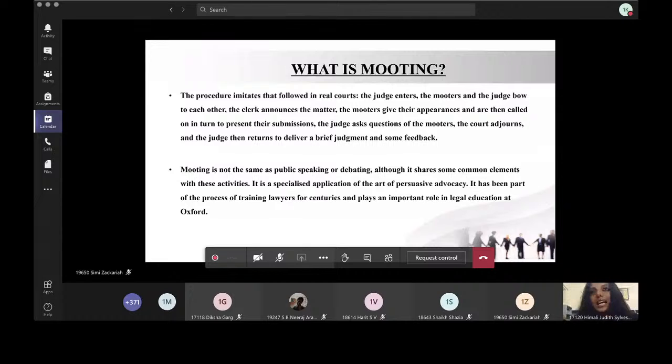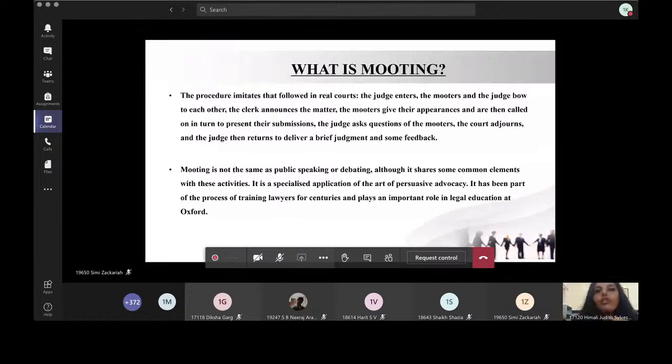And in a moot court, you observe a lot more gestures and particular rules and rubrics than in a debating exercise, and therefore it's a lot different from public speaking and debating. Public speaking and debating have your own styles, but in mooting, there's only one specific style that people are expected to adhere to, and those are courtroom established rules.